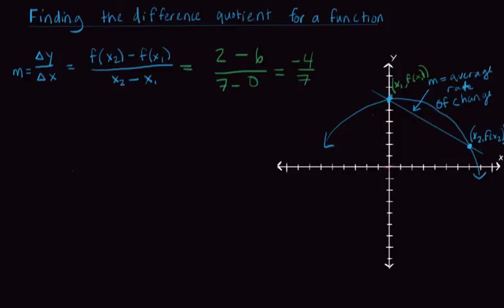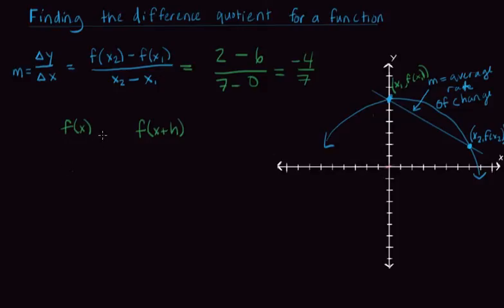Okay, so now that we know that, the difference quotient is kind of just a different way of making the average rate of change easier to find. So instead of x2 and x1, we're just going to have f of x, and then f of some distance away from x, which we call f of x plus h.